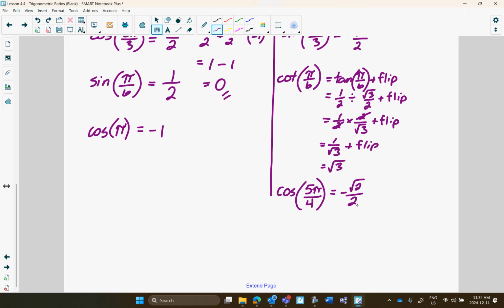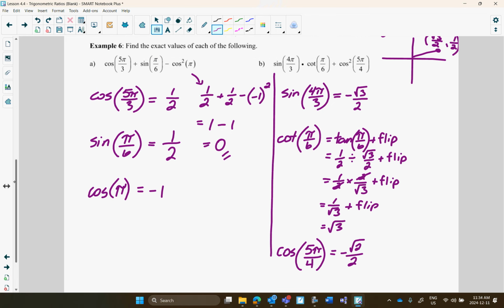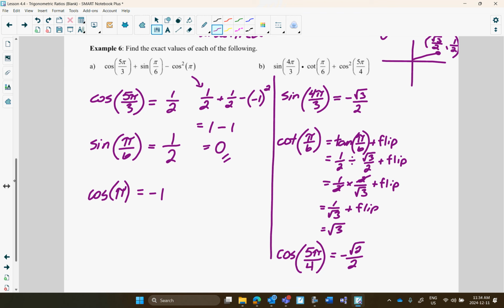So now I take all those three answers I got and plug them in here. So I've got negative root 3 over 2 times root 3 plus negative root 2 over 2 squared.